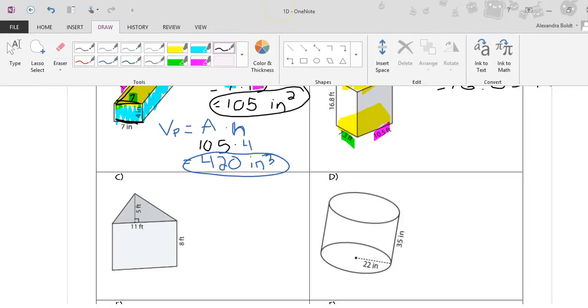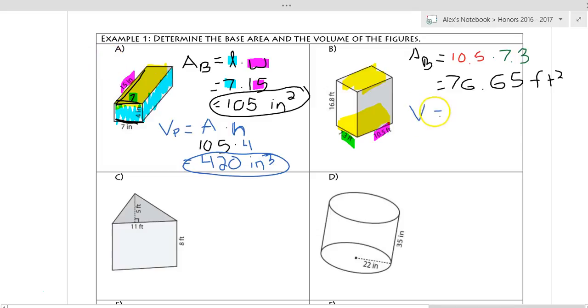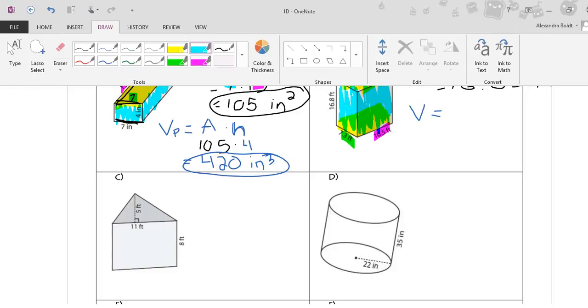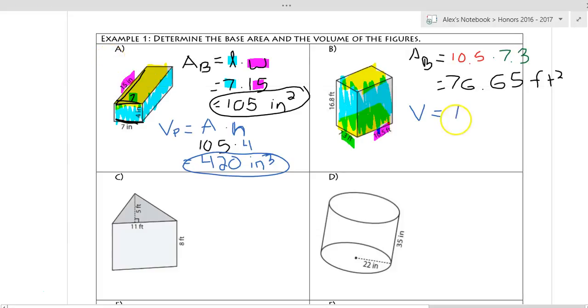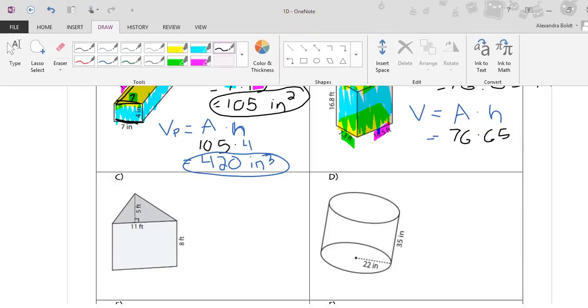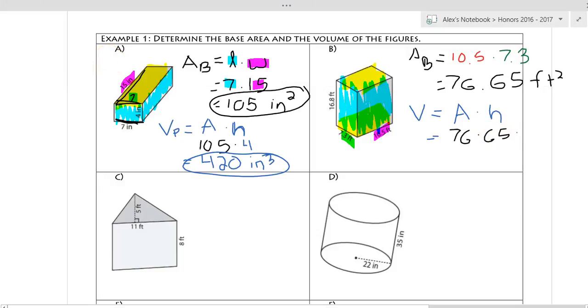76.65 feet squared. Now for my volume, again, I'm placing that base on top of each other a whole bunch of times to build it up. So my volume equals the area times the height. My area is 76.65 times my height, which is 16.8.